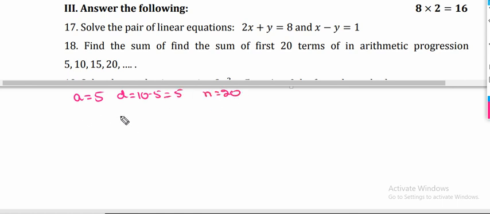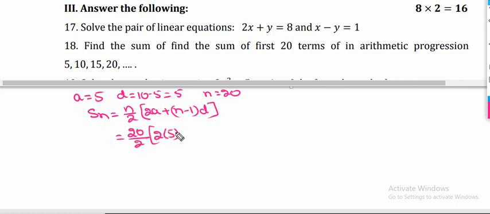So here we have to substitute the values in the Sn formula. Sn is equal to n by 2 into 2a plus n minus 1 into d.